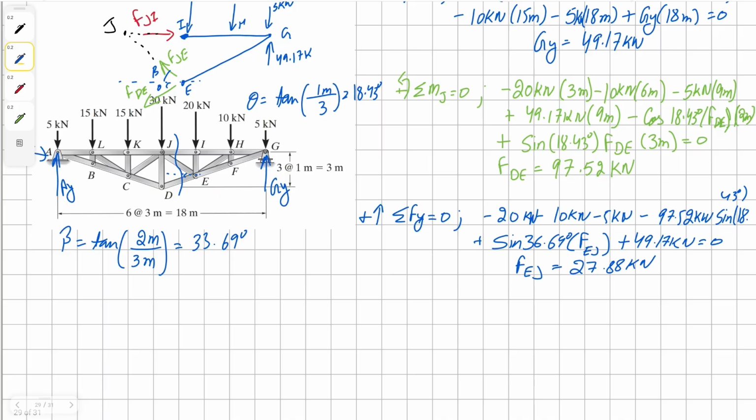Now we can sum the forces in x direction in order to find our solution for force JI.